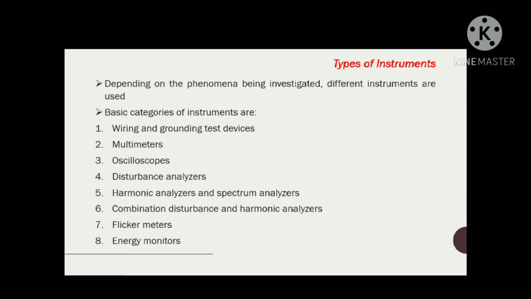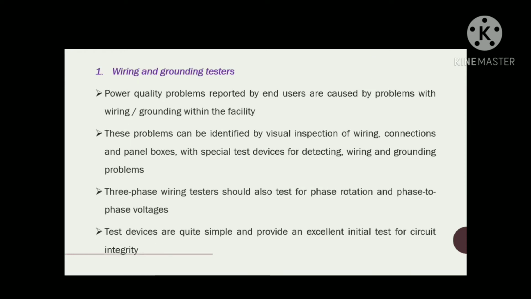In this video we will discuss the application and limitations of these different instruments. Besides these instruments, which measure steady state signals or disturbances on the power system directly, there are other instruments that can be used to help solve power quality problems by measuring the ambient conditions also.